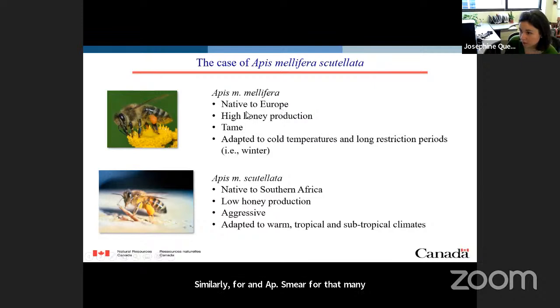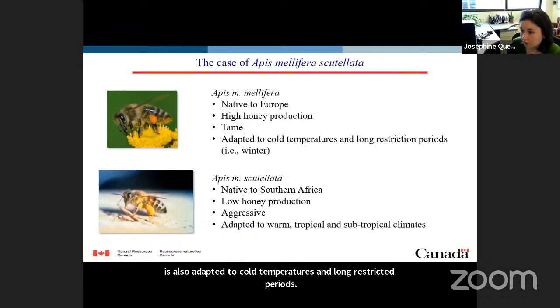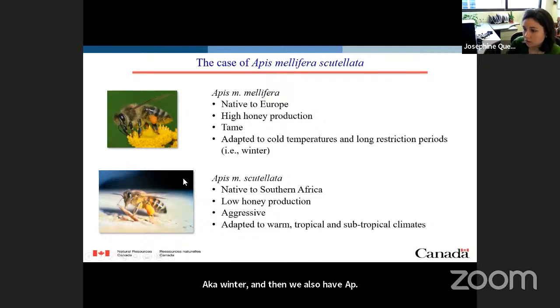So Apis mellifera is native to Europe, has a high honey production, and is considered tame, and is also adapted to cold temperatures and long restricted periods, aka winter. And then we also have Apis mellifera scutellata, which is native to Southern Africa, has a low honey production, is considered aggressive, but is adapted to warm tropical and subtropical climates.